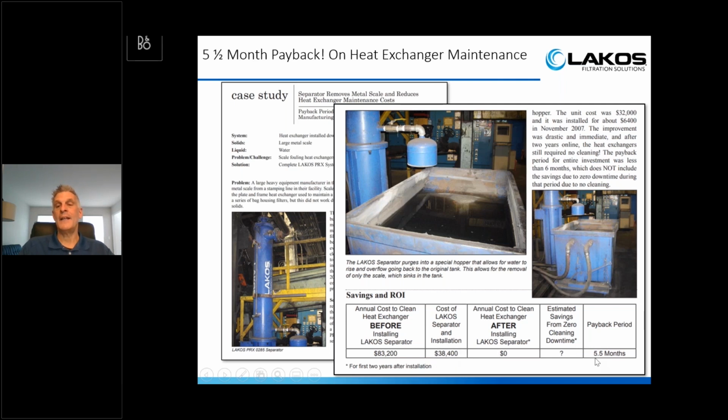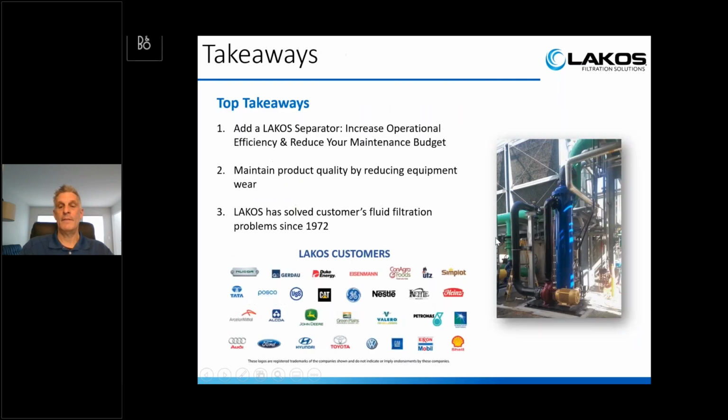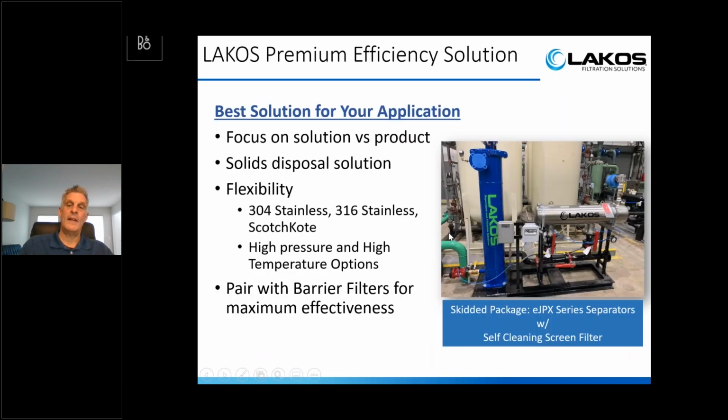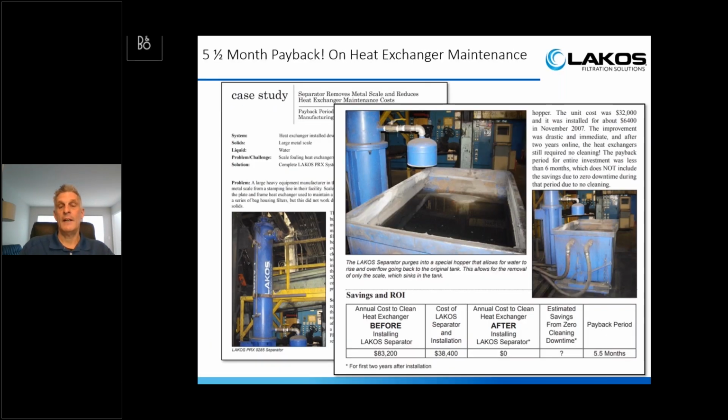And that showed a quick payback period of 5.5 months. Now, they have not had to have the heat exchanger serviced since these systems went in, but you can see the amount of scale that the separator is taking out and putting into this hopper here.